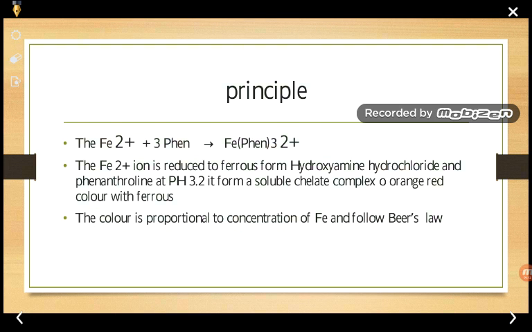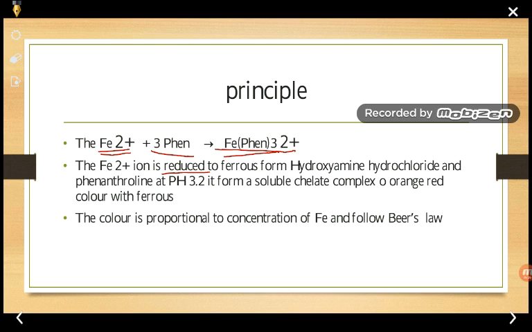Next, coming to the principle. The principle is that iron Fe2+, when it reacts with phenanthroline, forms a blood red type of color, or you can say red color, that is the iron phenanthroline complex.